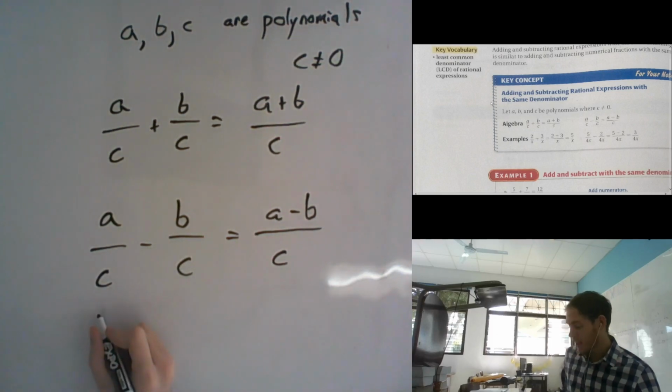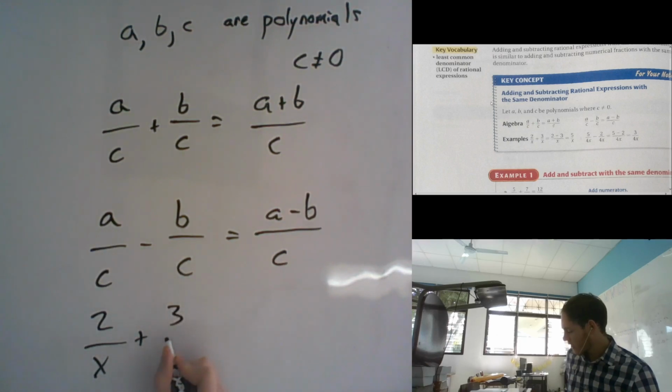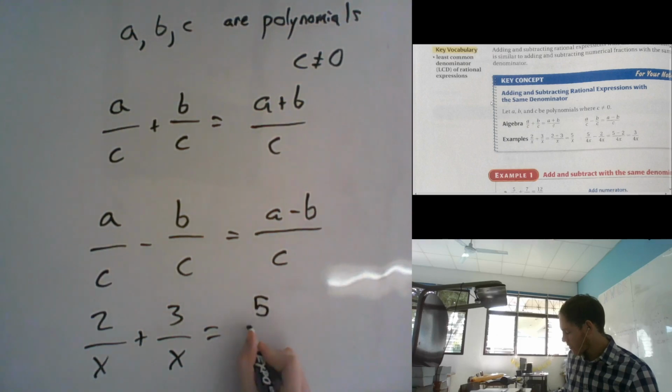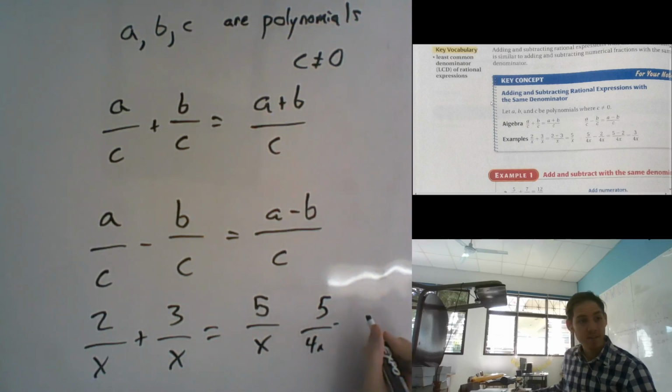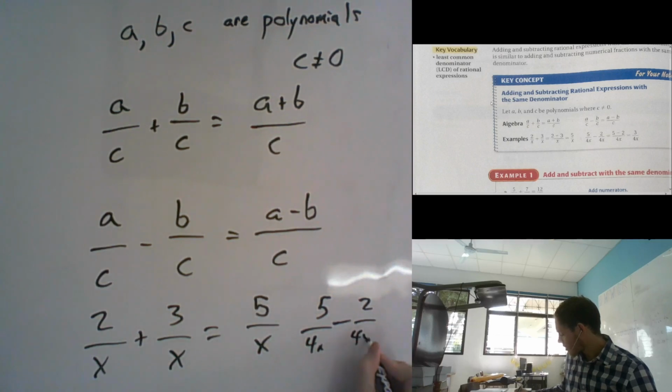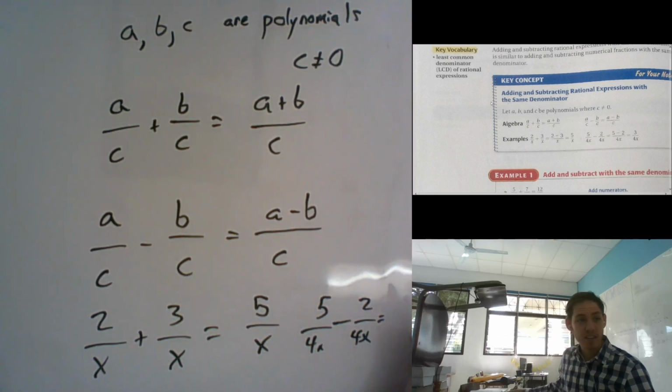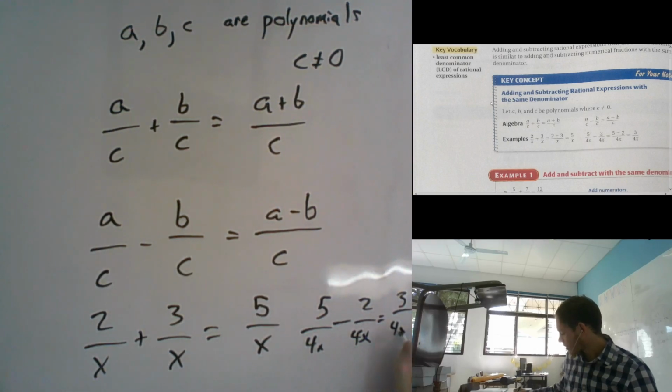If we take an example, so we have 2 over x plus 3 over x. We just add the top, so we get 5 over x. Okay? And the book also uses 5 over 4x minus 2 over 4x is going to give us 3 over 4x.